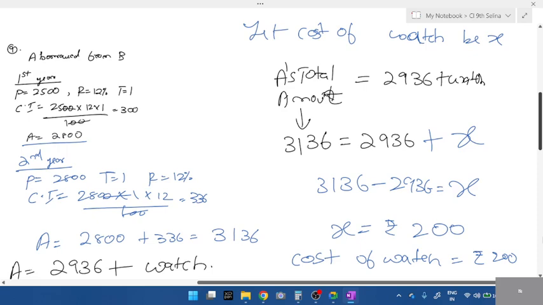So if some unknown item is given, take it as X. Take it as X and solve it. Completed?